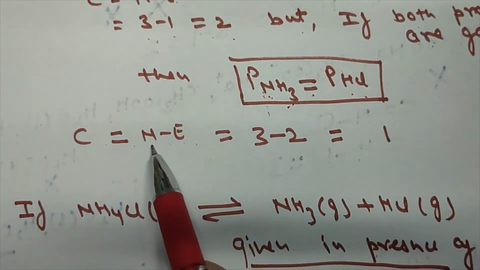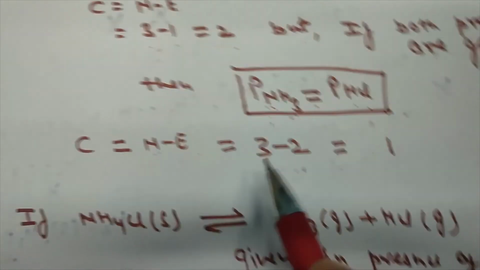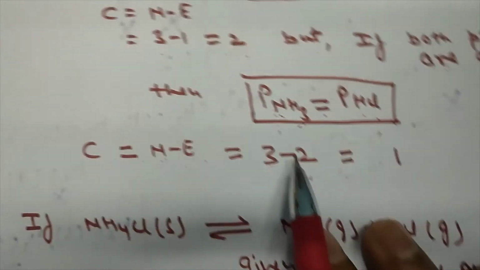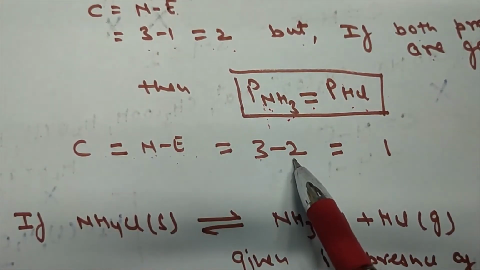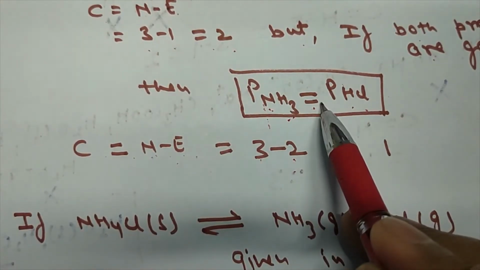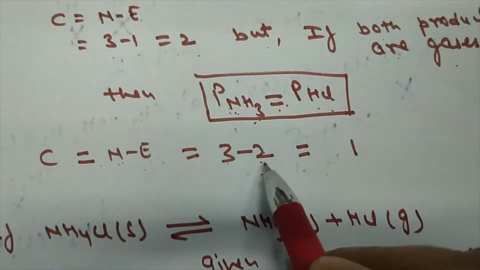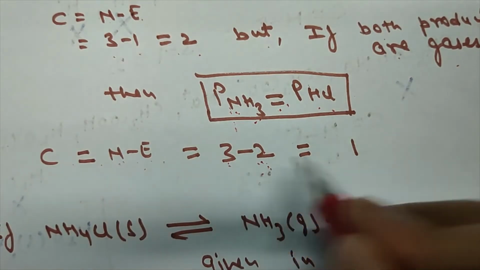Then C is equal to N minus E, and N is the number of chemical species, here it is 1, 2, 3, so you have taken 3. Now what about this 2? One is from the equilibrium and another is from the pressure condition. Then E will be 2, then 3 minus 2 is equal to 1. This is, guys, very important.